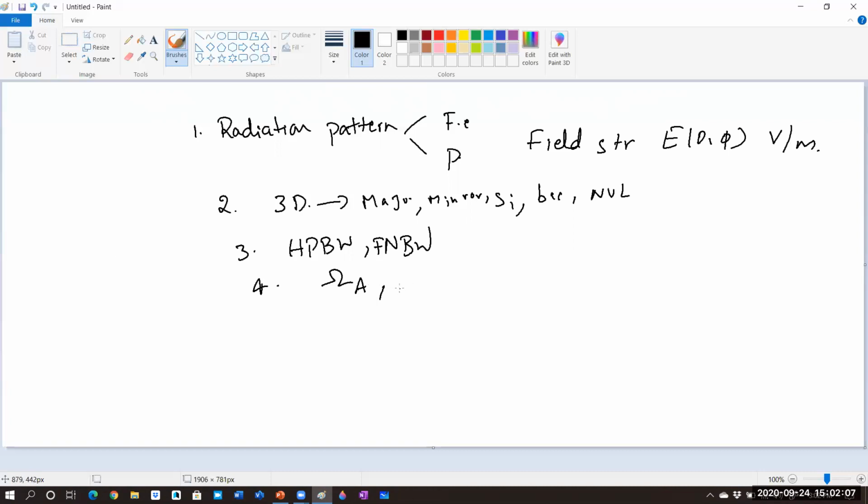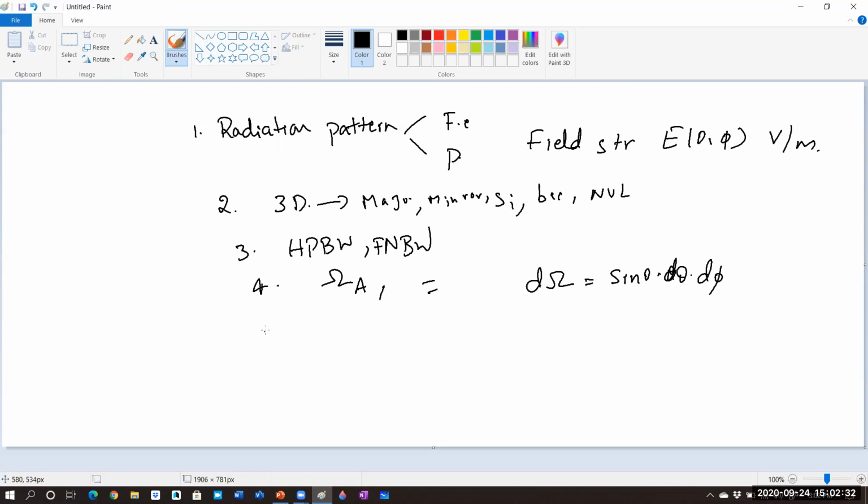Beam area is the average normalized power over a sphere, for which a formula was given. Under the integral, d omega is sin theta d theta d phi.